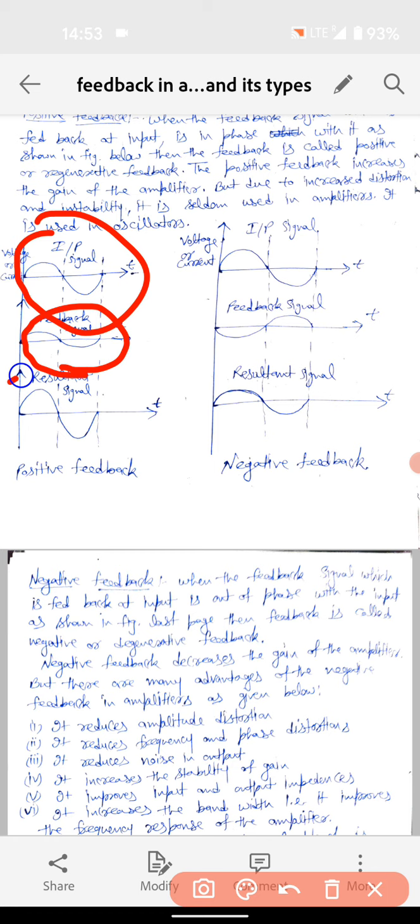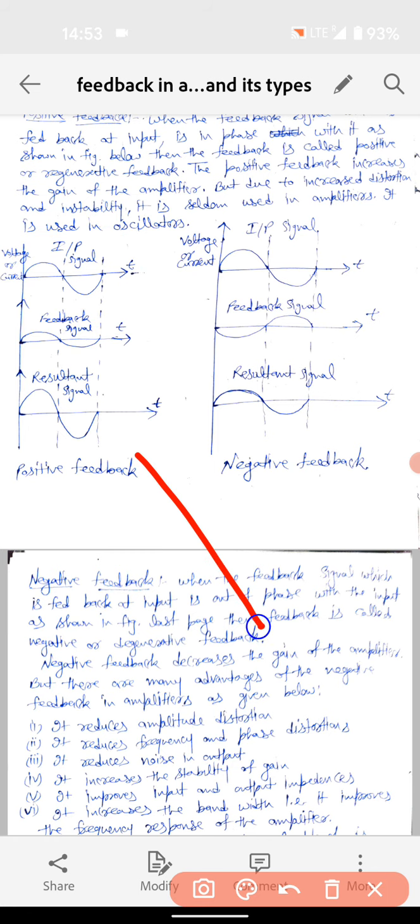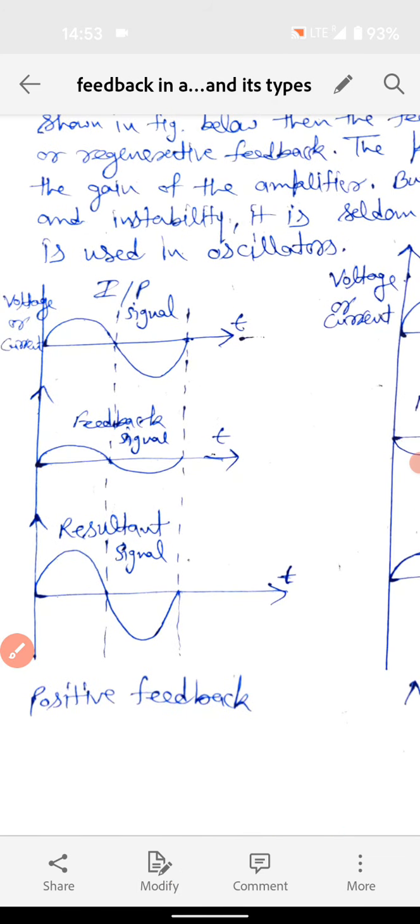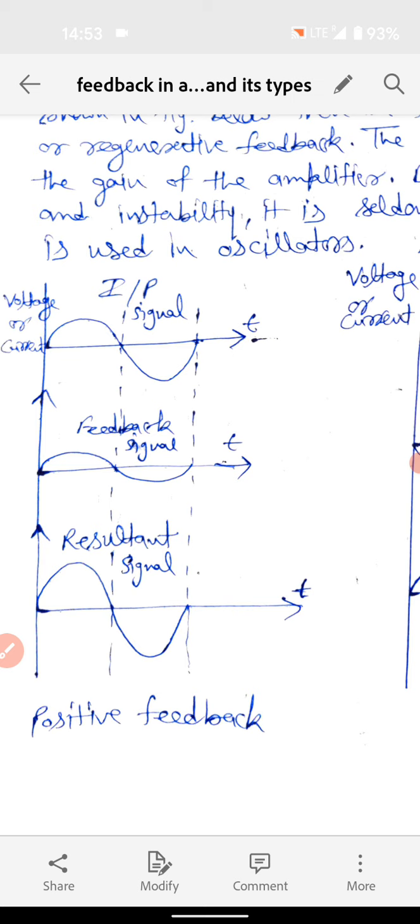Here you have observed one important thing: in this figure, both the input and the feedback signal are in the same phase. Same phase means for the positive half cycle we have positive, and for the negative half cycle we have negative. The resultant of both will be like this.